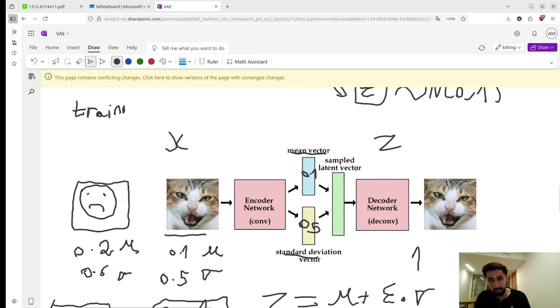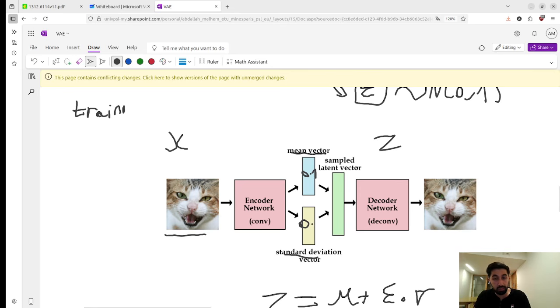So we made z a random variable, even though the network has a fixed output. The network has a fixed output, but because of the reparameterization trick, we were able to make z different every time. In this case, we can use the same input image of the cat. The first time we'll get a z of 1, let's say.